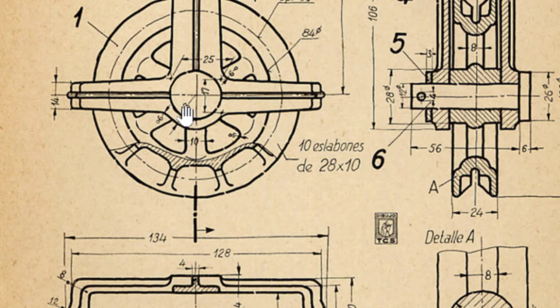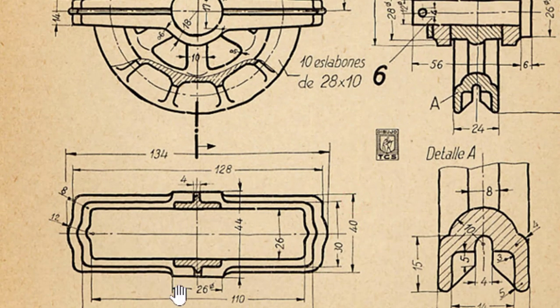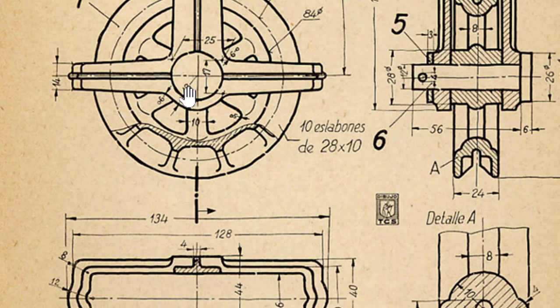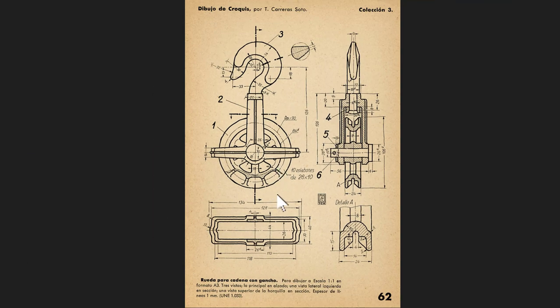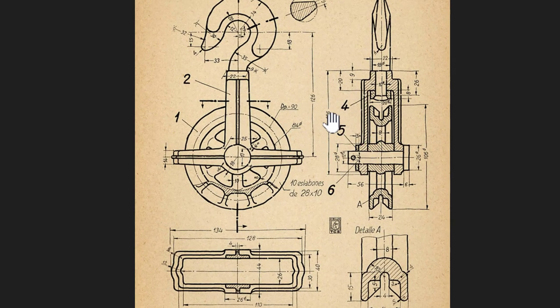For instance, radius 18 cannot be half of 26, or this is the dimension here, 26, yes, this is 13. We also change some dimensions to be more clear. For instance, again, this dimension 106. The correct dimension is from this axis to this end.